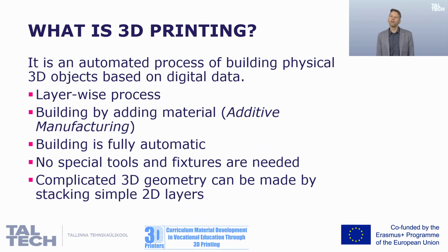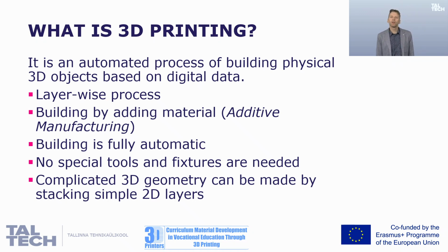So it's also important that the building is fully automatic, which means that even if the process can take hours and hours, the operator doesn't have to do anything there. It's automatic. The machine is building the parts, and when it's ready, the operator can do some other or next tasks.